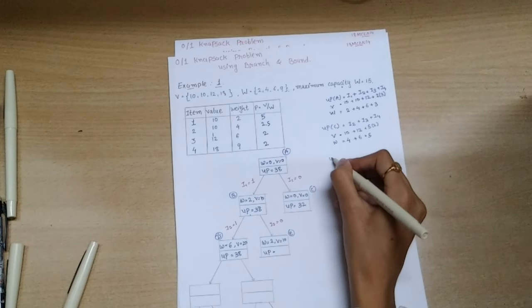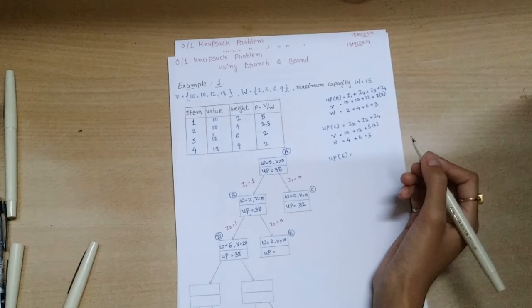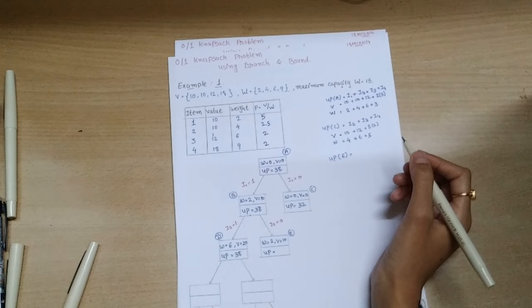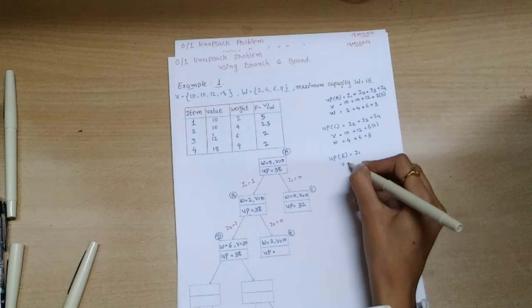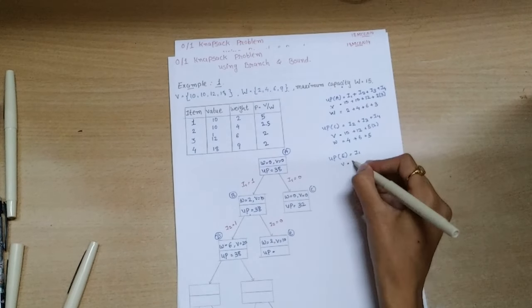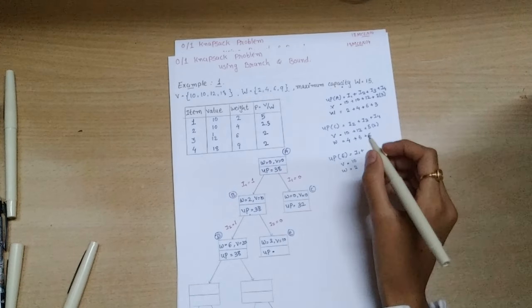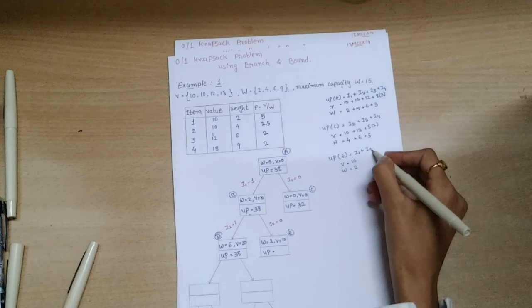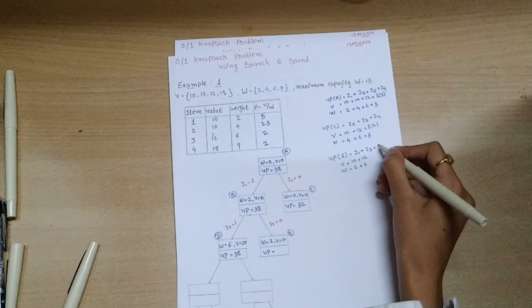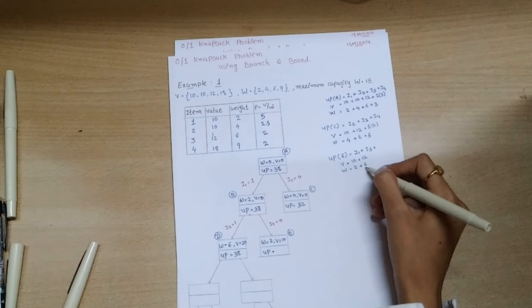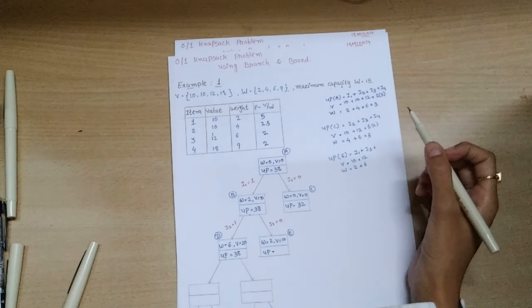So the upper bound for node E will be: here we are not considering item 2, so item 1 having value 10 and weight 2. Then item 3 having value 12 and weight 6. Here we have 8 units of weight and we have to make it 15.